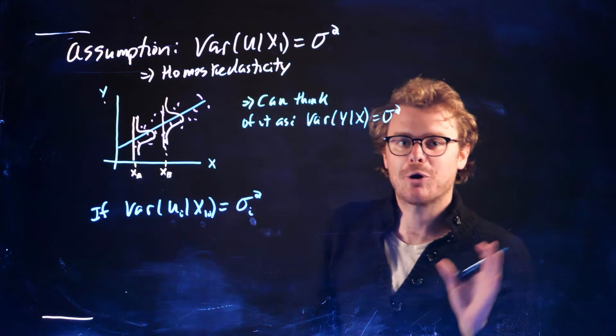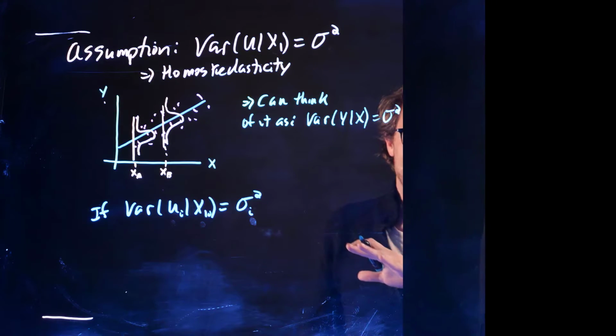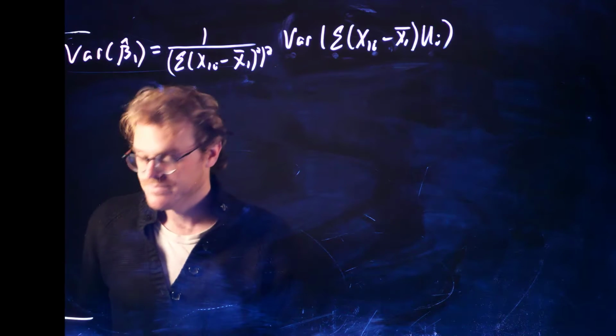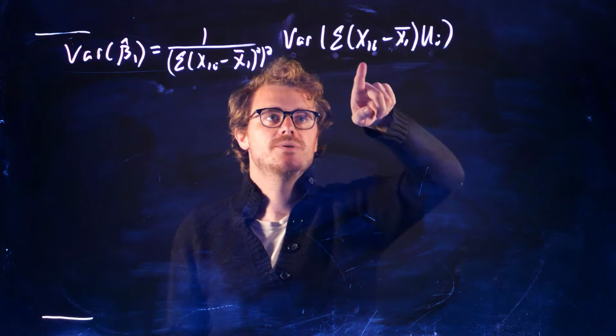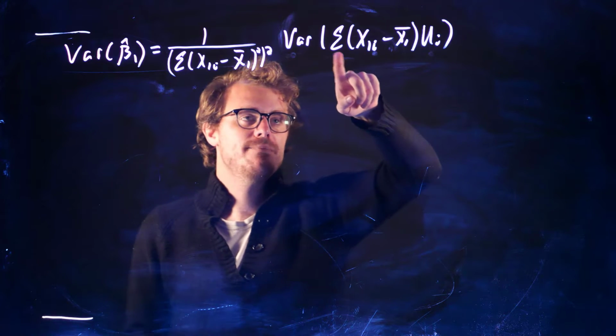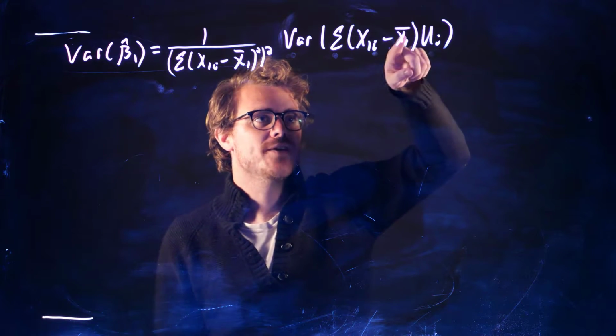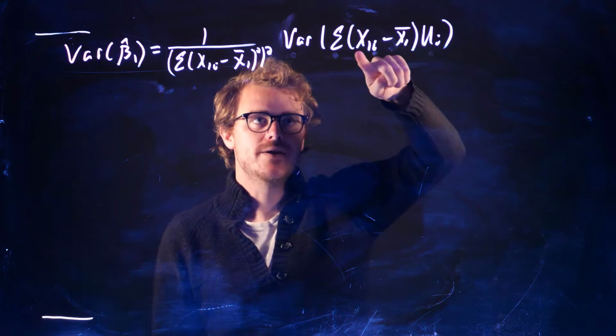So now we can go back to that derivation of the sampling distribution. Now we can think about using that assumption to simplify this expression here. The first step is to remember that once we draw the sample, these x's aren't random.